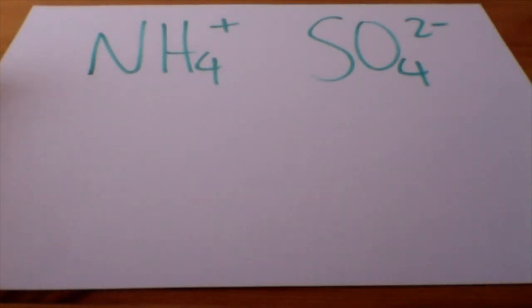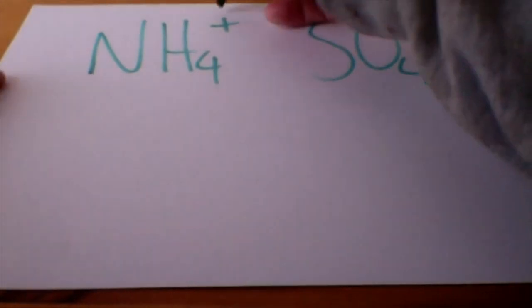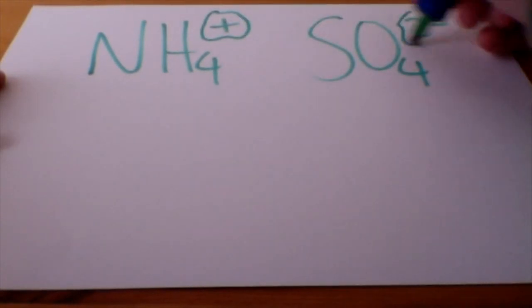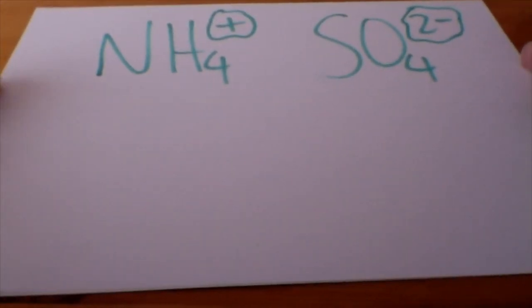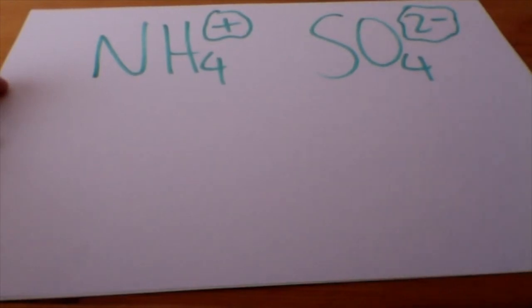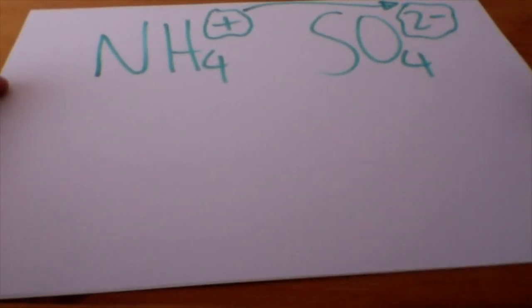Pause now quickly and just work out what the formula of this compound would be. So we've got a +1 here and a -2 here as our charge, or a plus and a 2-. We need 2 of these to balance out the 2- here.